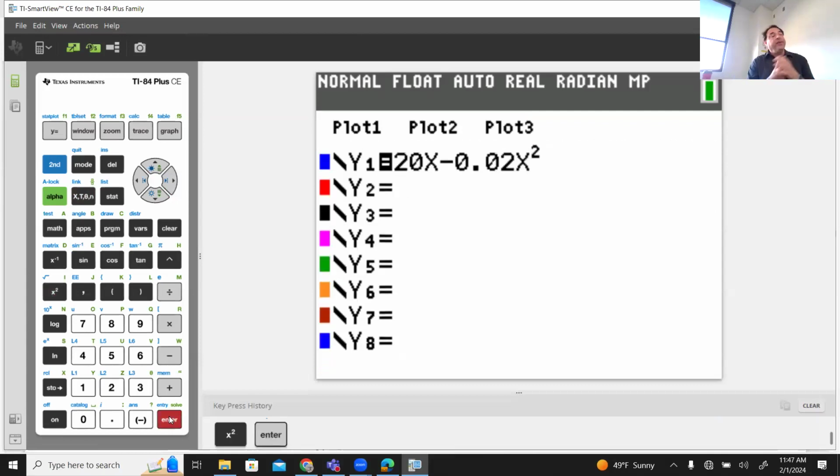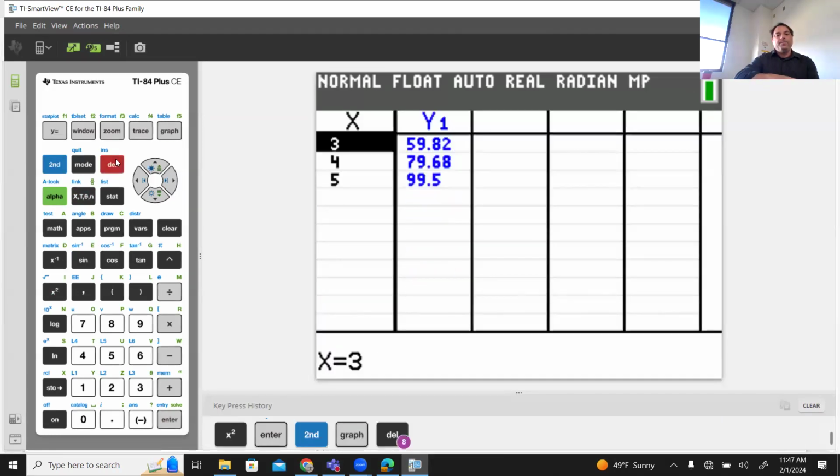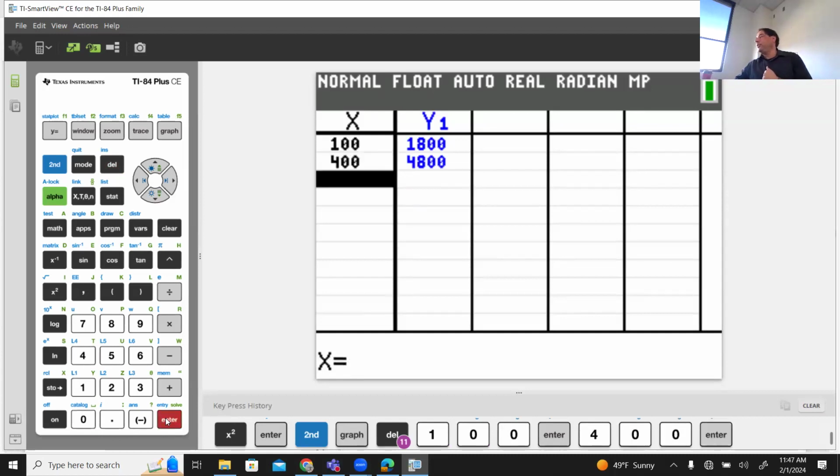And again, that's my revenue. They gave me the x values, 100, 400. So I'm going to find out how much revenue I make from 100 and how much revenue I make from 400. So I go to the table, delete whatever I got in there, and we're going to put in 100 and we're going to put in 400. So I get 1,800 and 4,800.